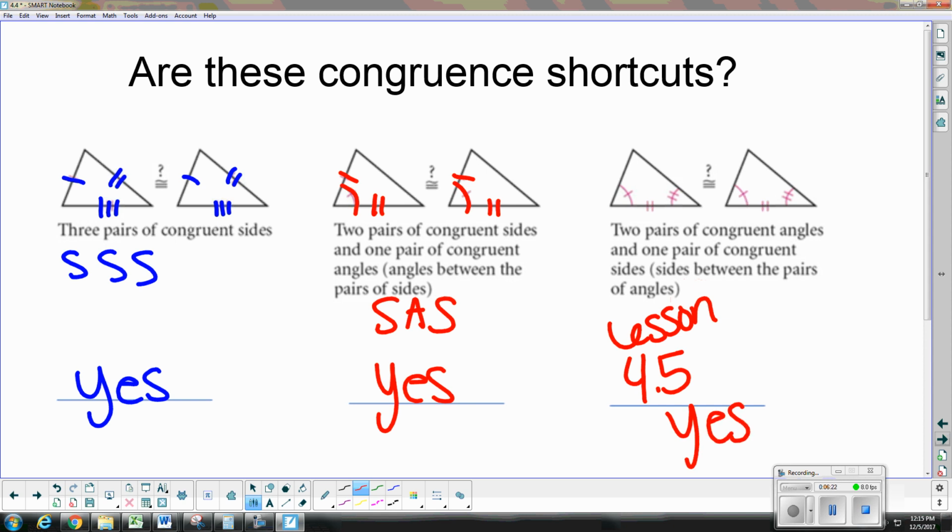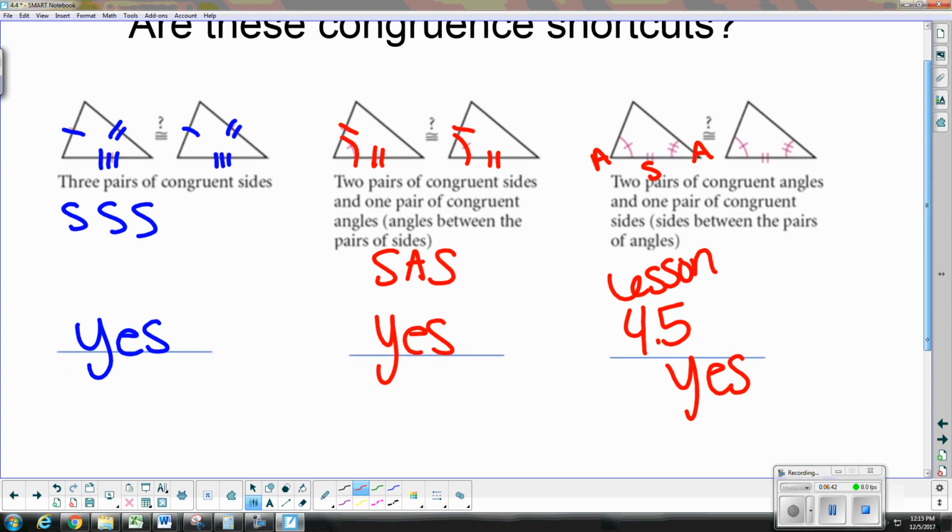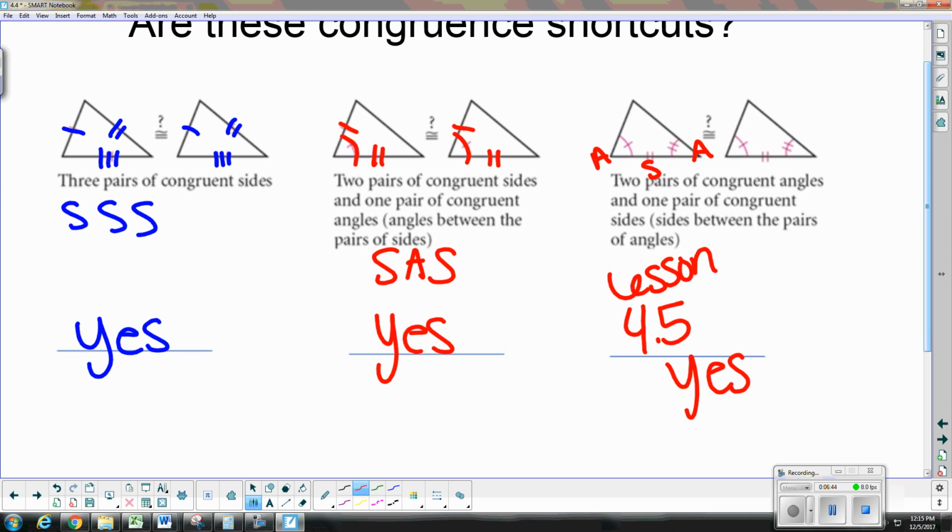This is angle, side, angle. If you have 2 pairs of angles that are congruent, and the side in between that pair of angles, then you can use the angle side angle conjecture, which is a shortcut to show that those triangles are congruent.